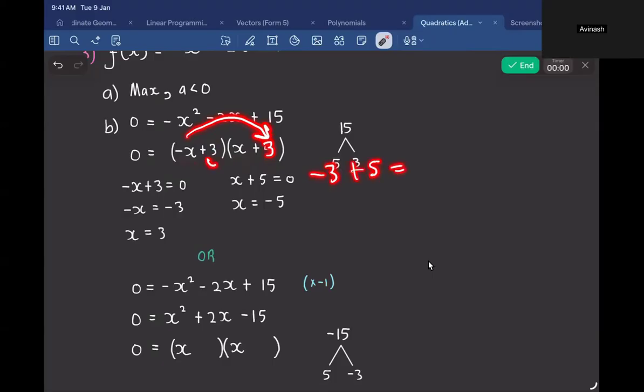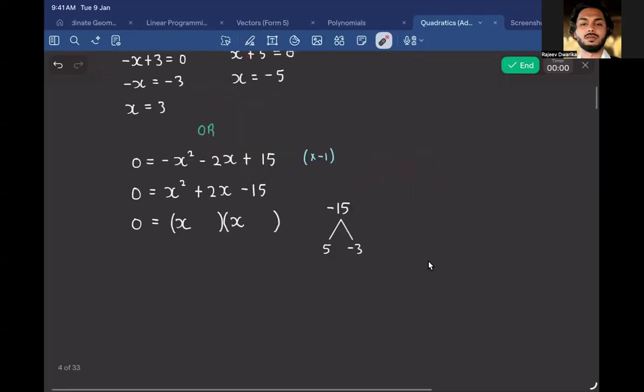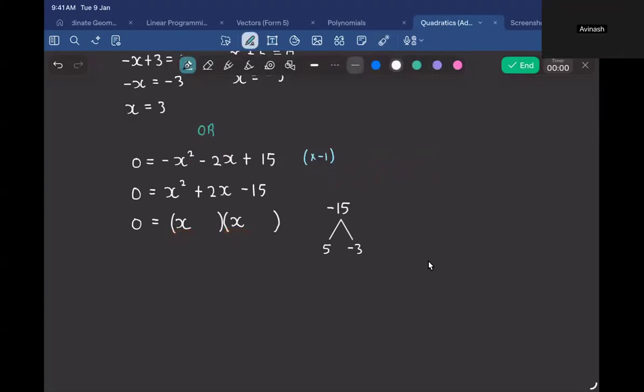And I get 2 instead of negative 2. So here is what I was saying, Avinash. Anytime those two terms are different, it matters where you put the other two numbers. But in this case, Avinash, are they different or are they the same? The same. So it doesn't matter where we put the plus 5 and the minus 3.